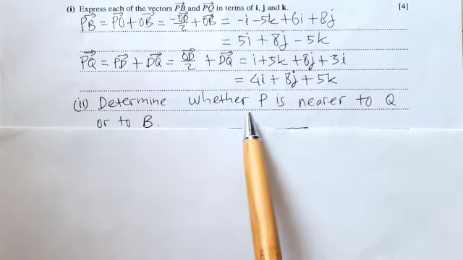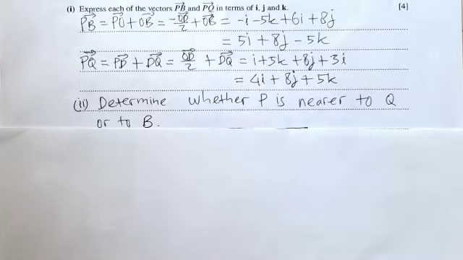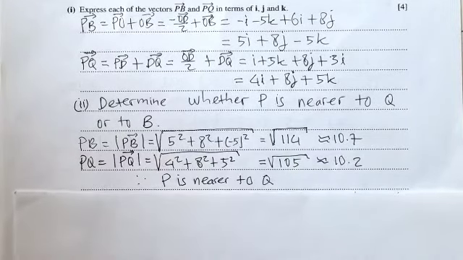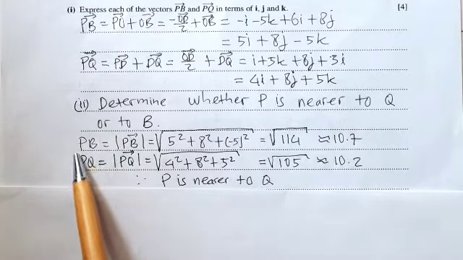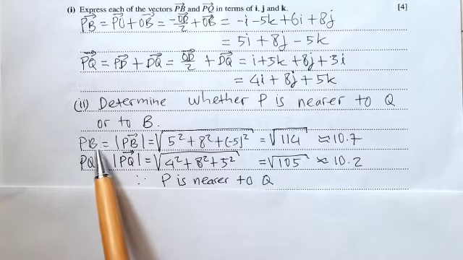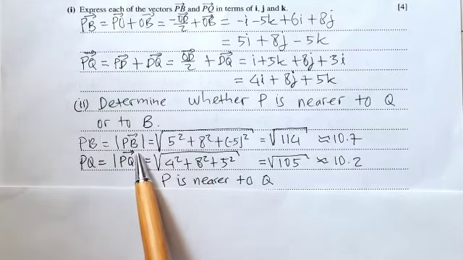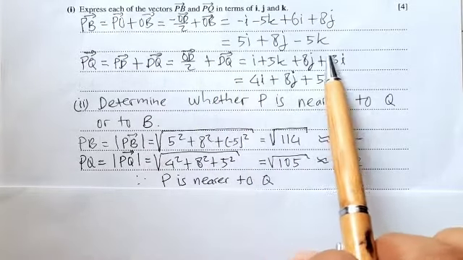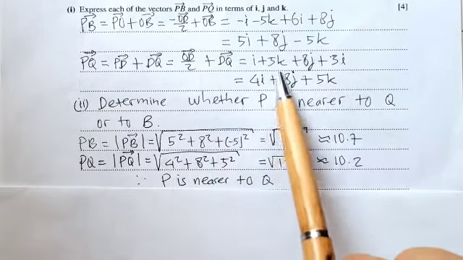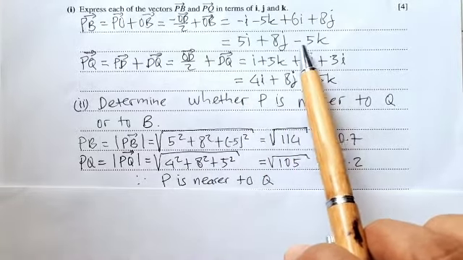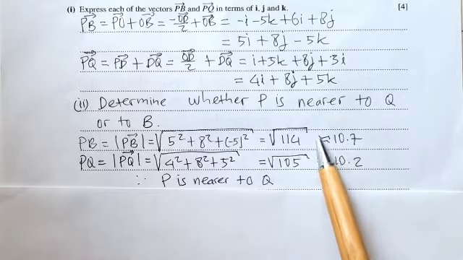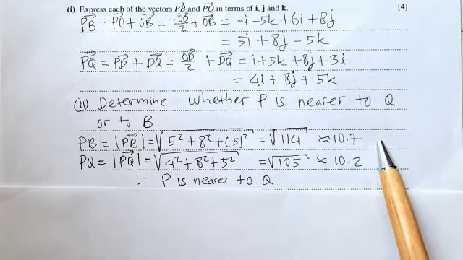Part ii, determine whether P is nearer to Q or to B. We want to find the length of line PB, that is the magnitude of vector PB, which is the square root of 5 squared plus 8 squared plus minus 5 squared, that is square root of 114, or 10.7 correct to 3 significant figures.